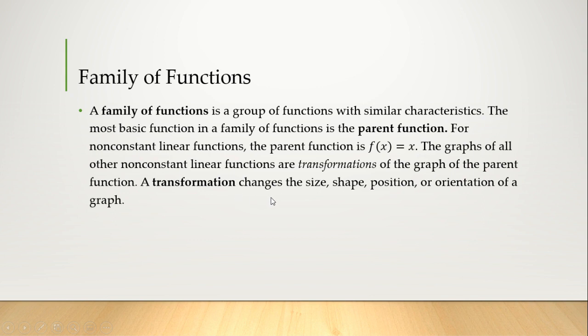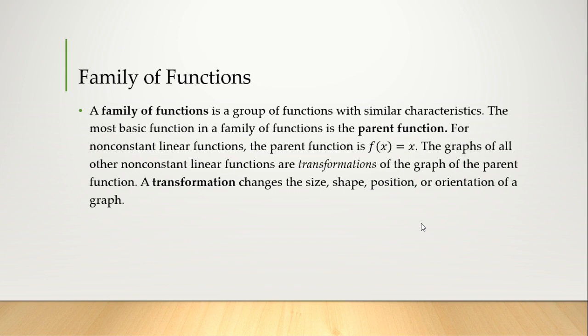A transformation changes the size, shape, position, or orientation of the graph. In this lesson, we're going to see how different numbers and signs put at different parts of the equation create these transformations, create a change in the size, the shape, the position, or the orientation of the graph.